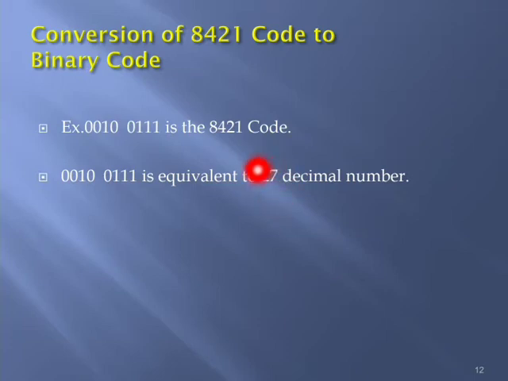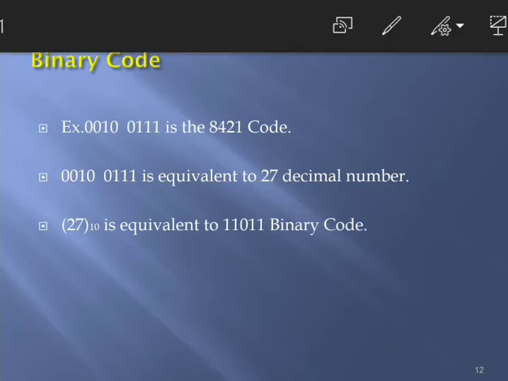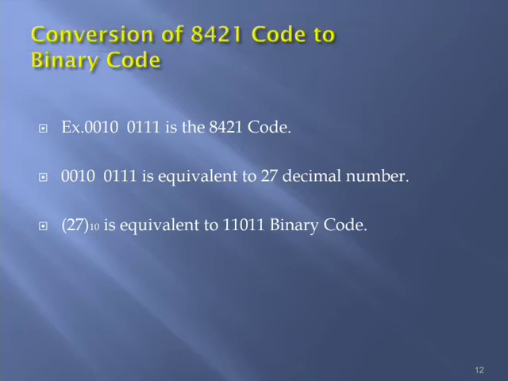So to this decimal number 27, divide it continuously by 2 until you get the quotient as 0 and remainder as 1, so that you get the corresponding binary number. So 27 base 10 is equivalent to 11011 in binary code.